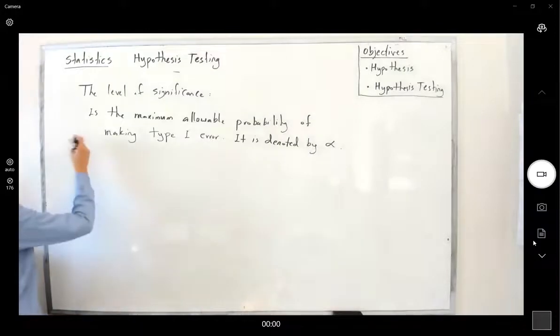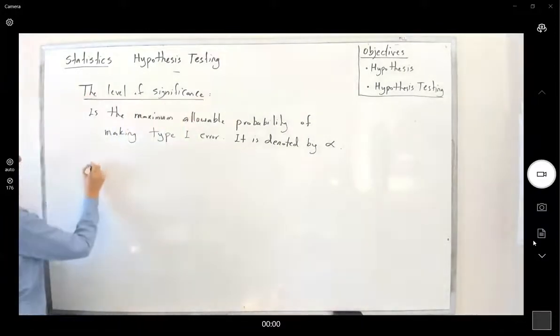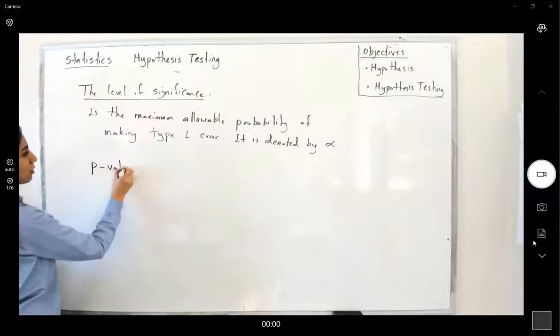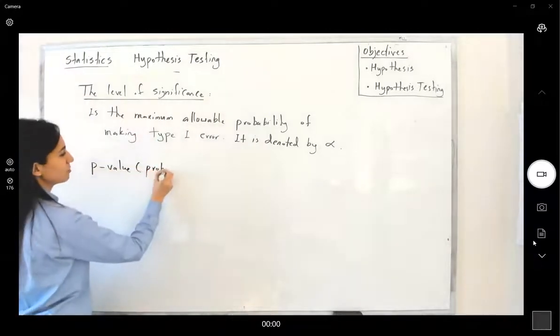So this is the level of significance, and now the p-value, or probability value.